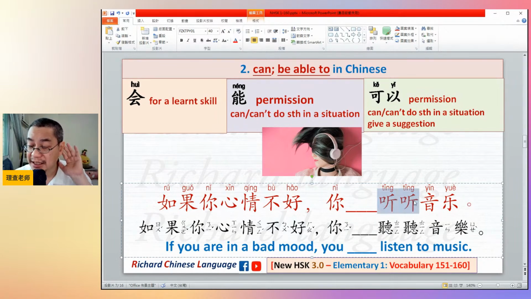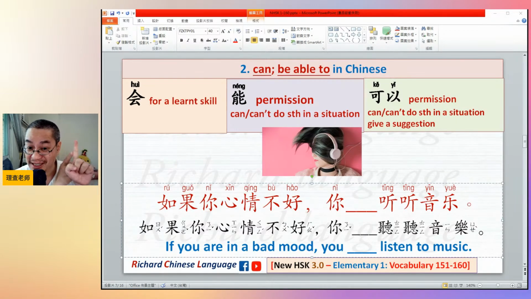When we say 听听, that means a suggestion. That means, okay, I'll give you advice. The advice is, you can try listening to music. 音乐, music. 你听听音乐。Okay, let me tell you, we have only one answer in this quiz.